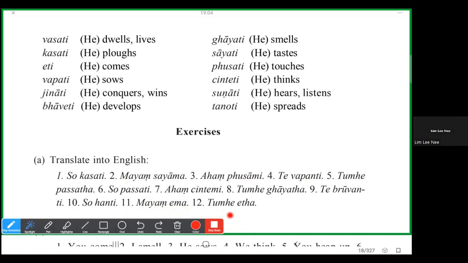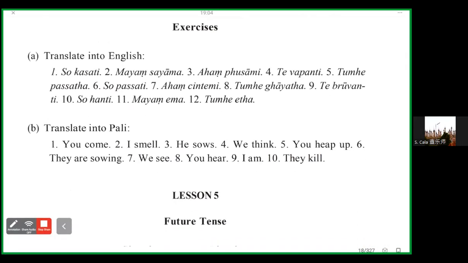Okay. So number 12. How about Sumita? Yes. Tumhe eta. You all come. You all do come. You all are coming. Okay, good. All right. Now we translate to Pali.